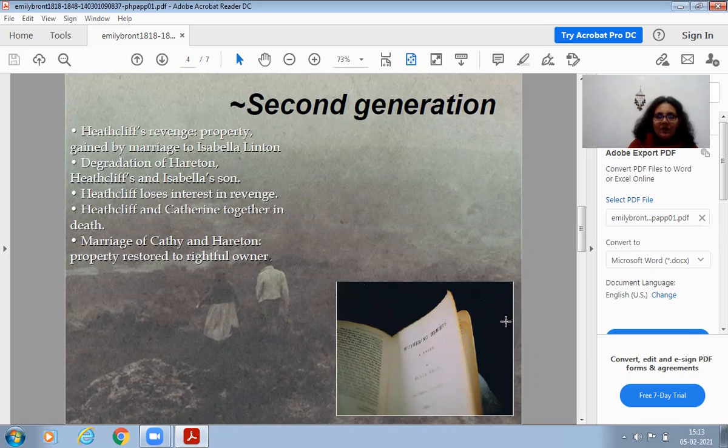You will work like this: take a register and write down on one side the Earnshaw family, and on the other side the Linton family.